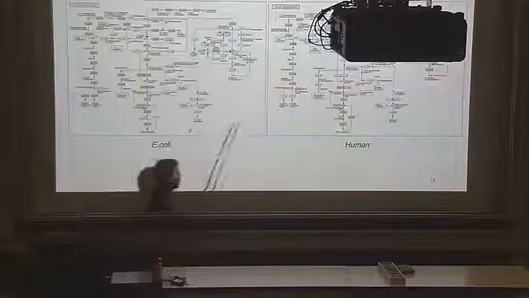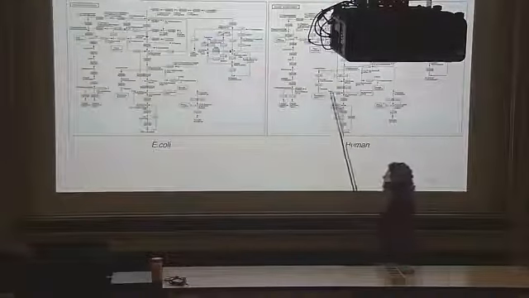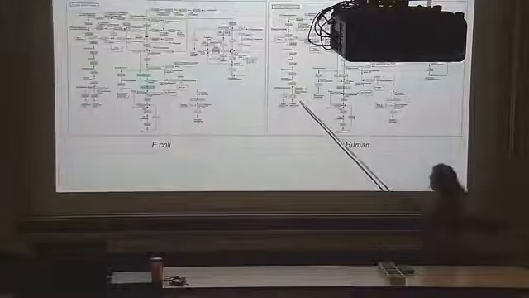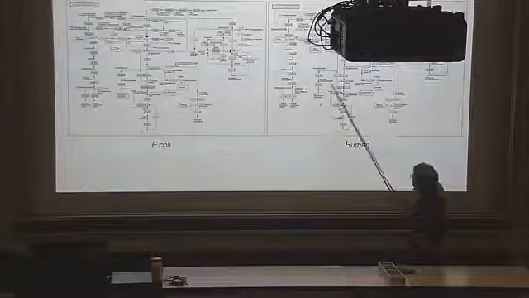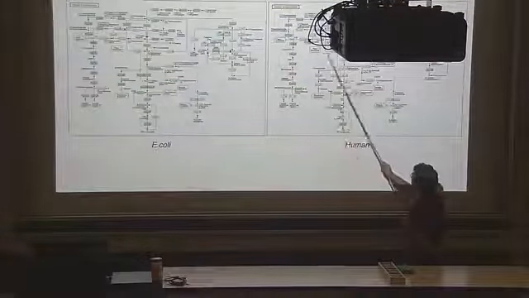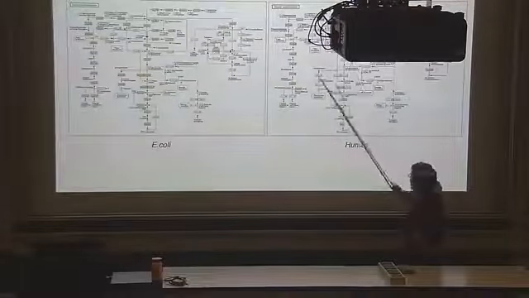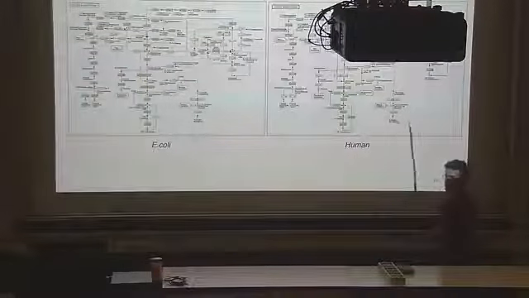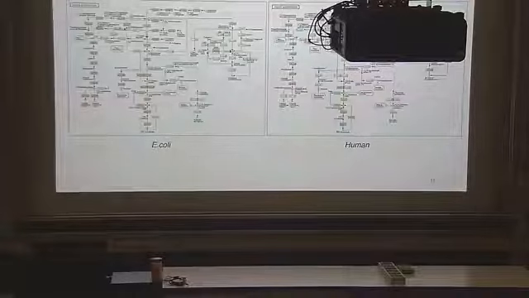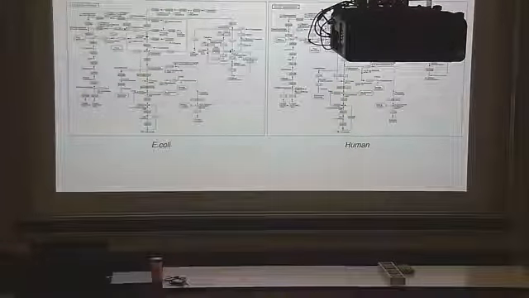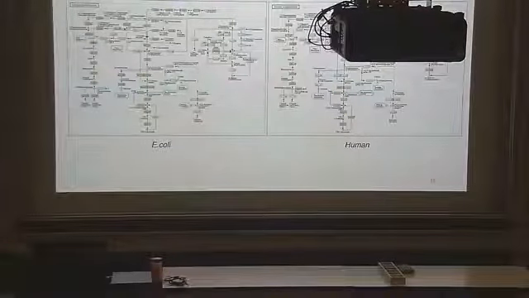But if you look at the metabolic pathway for human, it seems kind of sparse. We have some green boxes here, but we don't have many green boxes up there. So what can we learn from this? Green means presence of an enzyme.